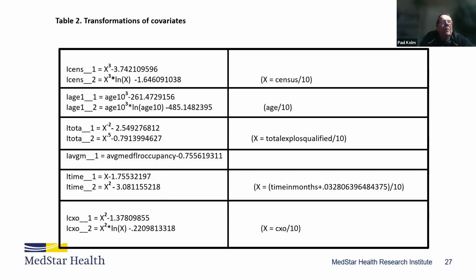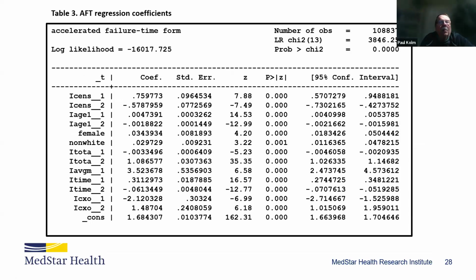So in terms of our model then, what we get is our typical regression output. So you see that we have a large sample size here, almost 109,000 patients.